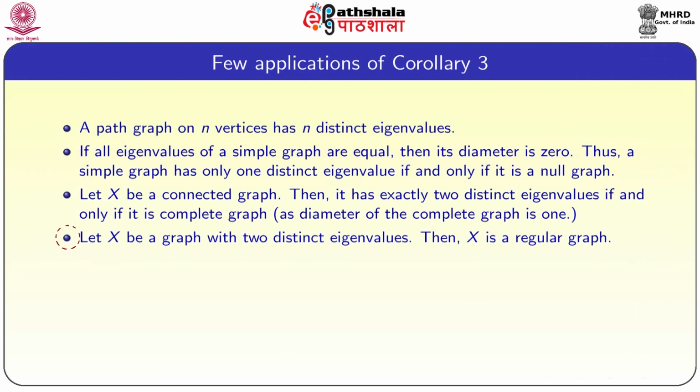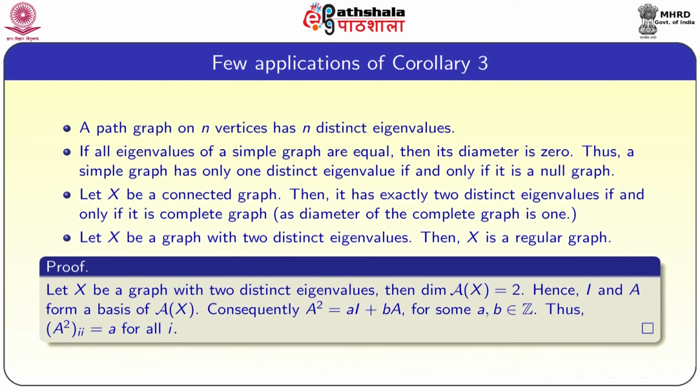Let X be a graph with two distinct eigenvalues, then X is a regular graph. That is also a nice property. That means, if a graph has two distinct eigenvalues, then X is a regular graph. The proof goes like this: let X be a graph with two distinct eigenvalues, then the dimension of A(X) equals 2, hence I and A form a basis for the adjacency algebra of X. Consequently, A squared is equal to a times the identity matrix I plus b times A, where a and b are some integers.